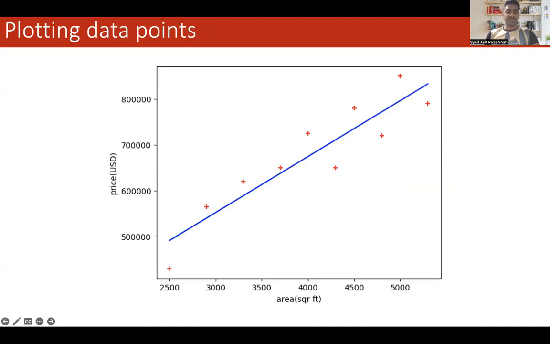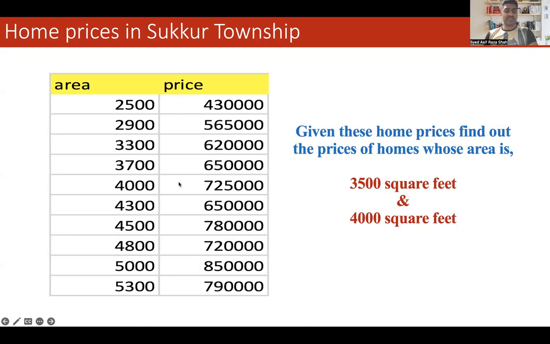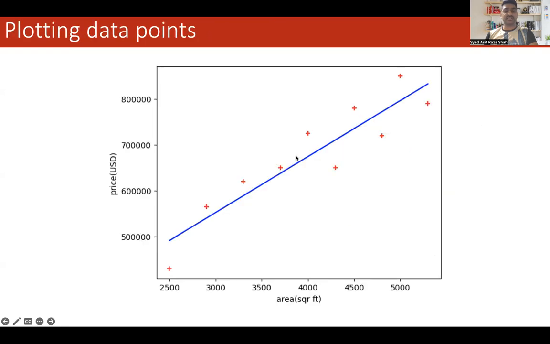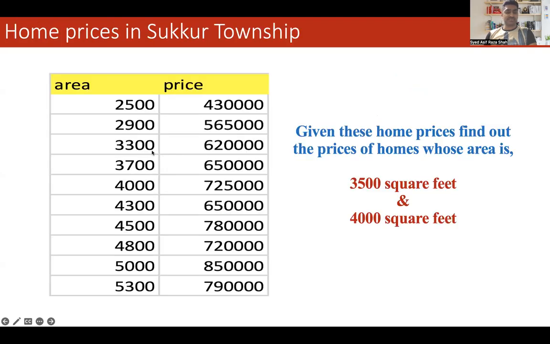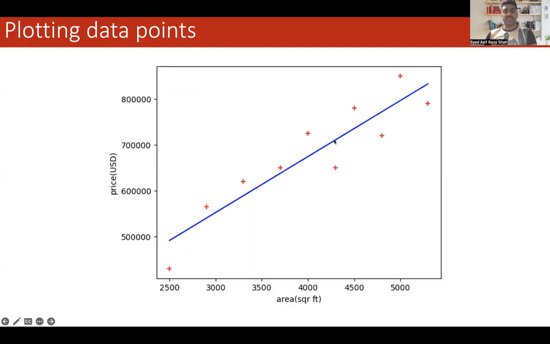Let's suppose we have the area of 2,500 and our price is 4,30,000. And if we have an area of 2,900 square feet, then our price is near 5 lakhs 65,000. So these are all the data points we plotted here.